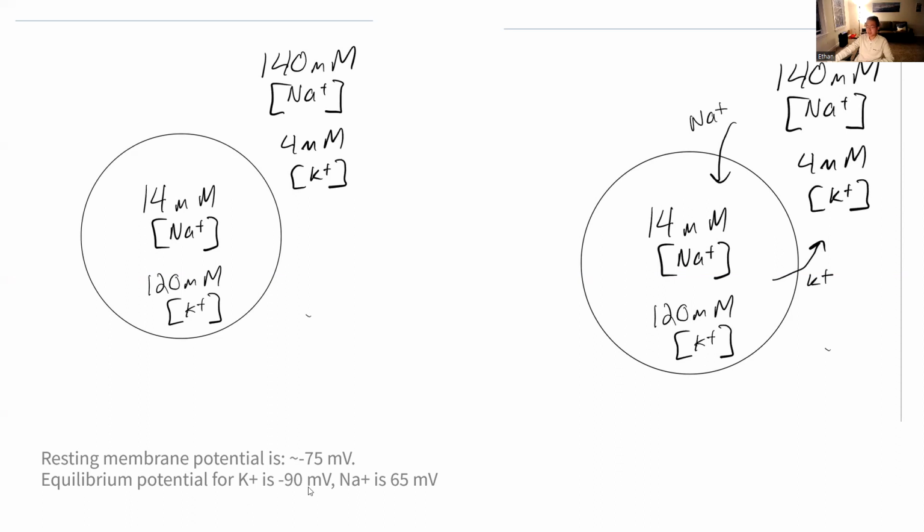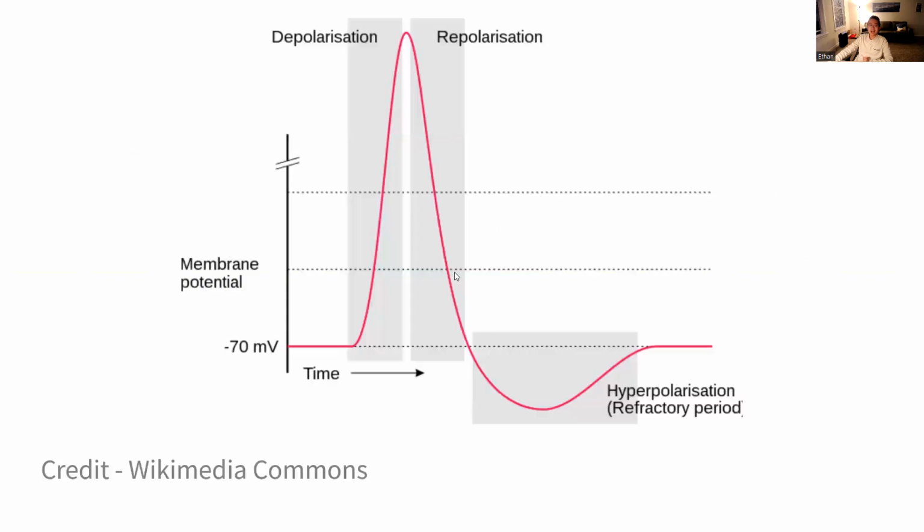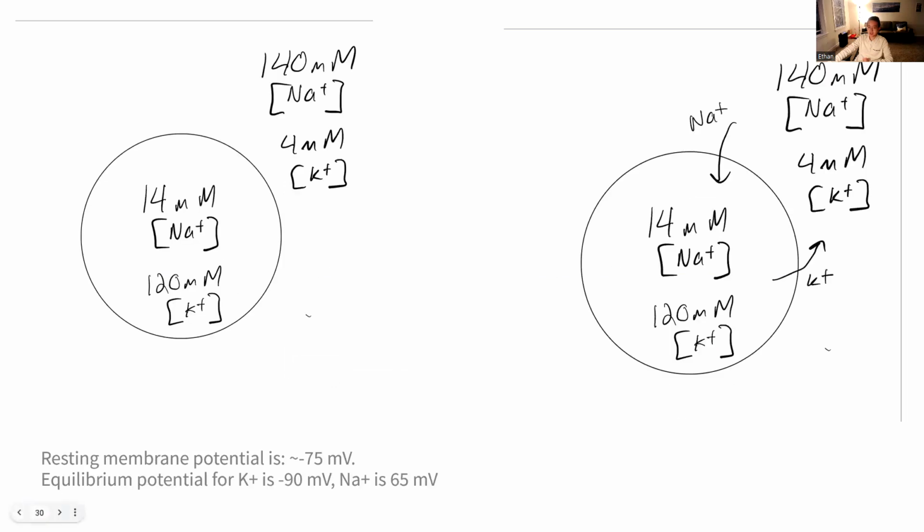K plus is -90, we calculated that before, and Na plus is 65 millivolts. Why do I care about this? When we look at this cell simply through a concentration lens, when an action potential happens, when depolarization starts and these voltage-gated sodium channels open, what does the cell want to do? It wants to bring in a lot of sodium, right? It wants to equilibrate those concentrations on either side of the membrane.